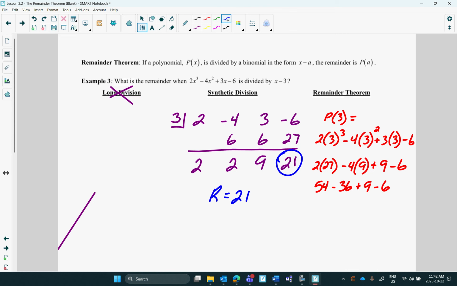54 minus 36 is 18. Plus 9 is 27. 27 minus 6 is 21.